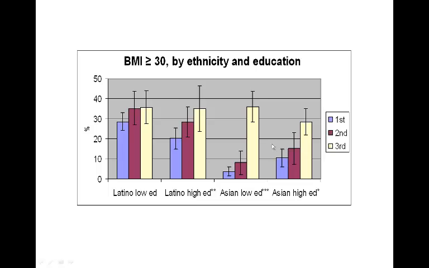But you again also see that some of the risks, especially among Asians, are really happening at the third generation level relative to the first and second, much lower prevalence here. Interestingly, here among the lower educated group, the prevalence of obesity is lower relative to the higher education group in the first and second generations.